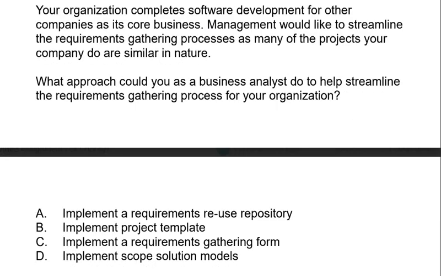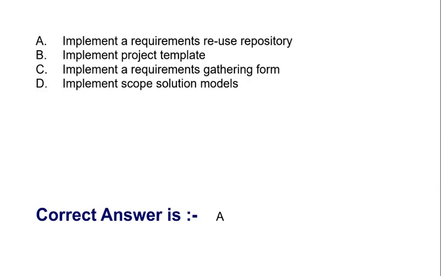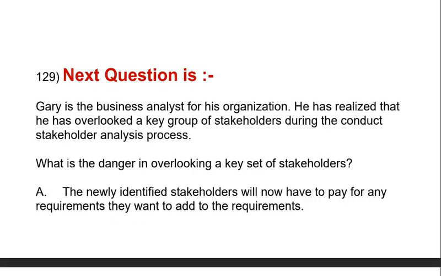Option A, implement a requirements reuse repository. Option B, implement project template. Option C, implement a requirements gathering form. Option D, implement scope solution models. Correct answer is option A.